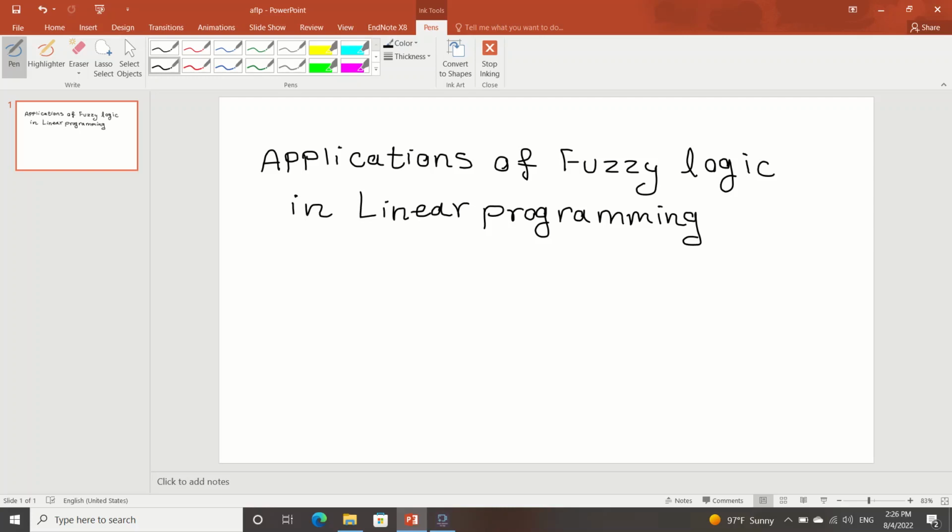And it is necessary to learn about the base of these issues, especially fuzzy logic and linear programming models, and their structures.